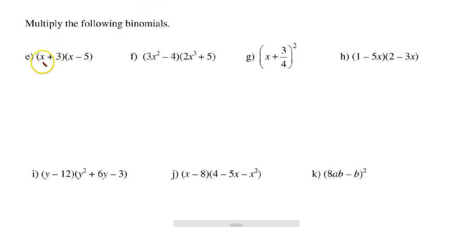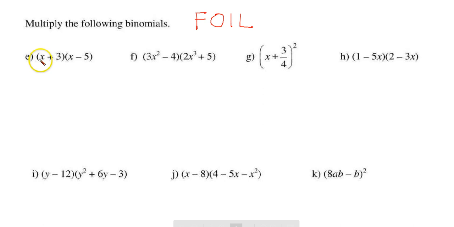Now, we're multiplying binomials by binomials. In our next section, we're going to do what is called the FOIL. And in most cases, that's what you'll use when you do this. But you should know another way to do it as well.